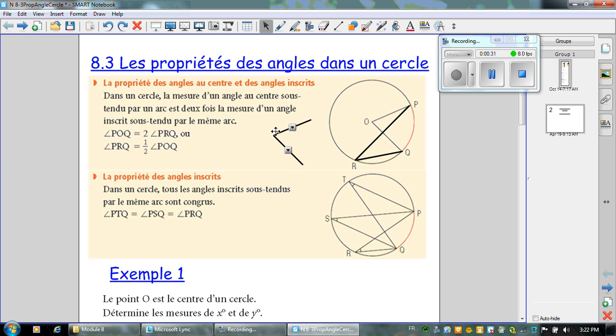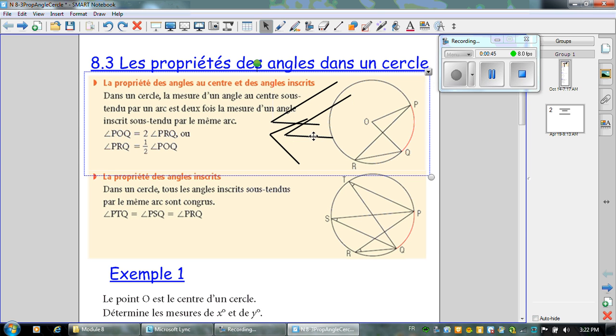This angle here is actually double the size of the angles that are inscribed. So that means that this angle here, if I double it, it'll fit, these two angles will fit perfectly inside this one here, if I line them up correctly.